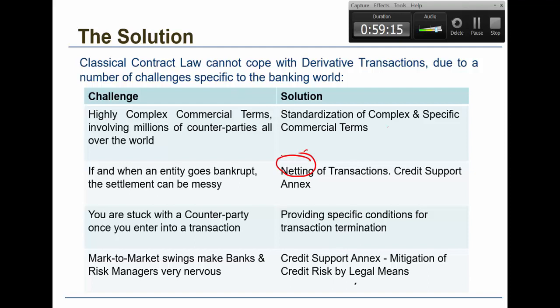So if you and I have 200 derivative transactions between you and me, it could be that for half of them I have a $3 billion mark to market on you, and for the other half, you have a $3 billion mark to market against me. If you are not able to net them out, then if one of us goes bankrupt, it just gets so messy.